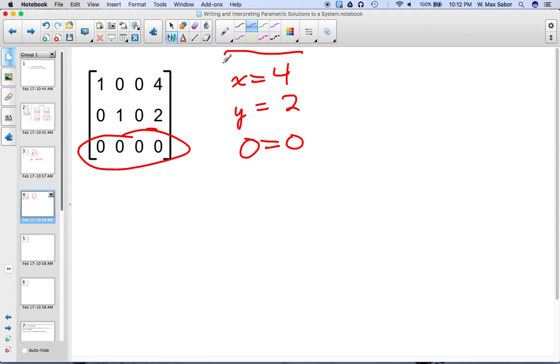So this is the system where x equals 4 and y equals 2. Now, if you have noticed, that is a line, because those are all the coordinates where x is 4, y is 2, and z can be anything.